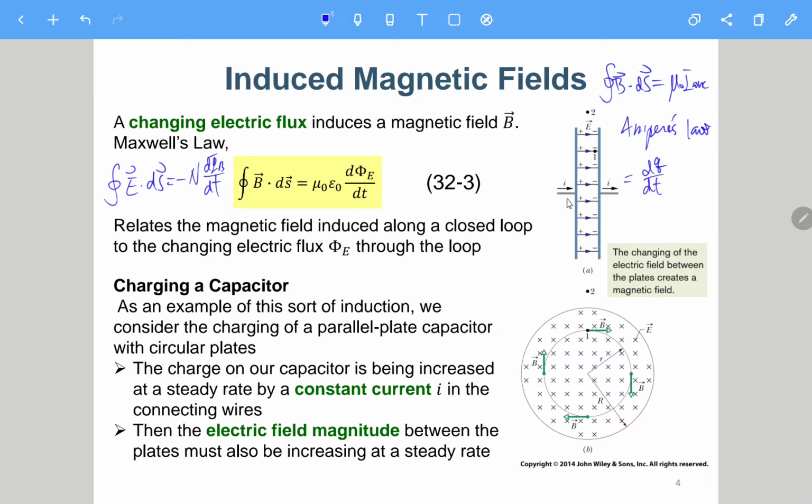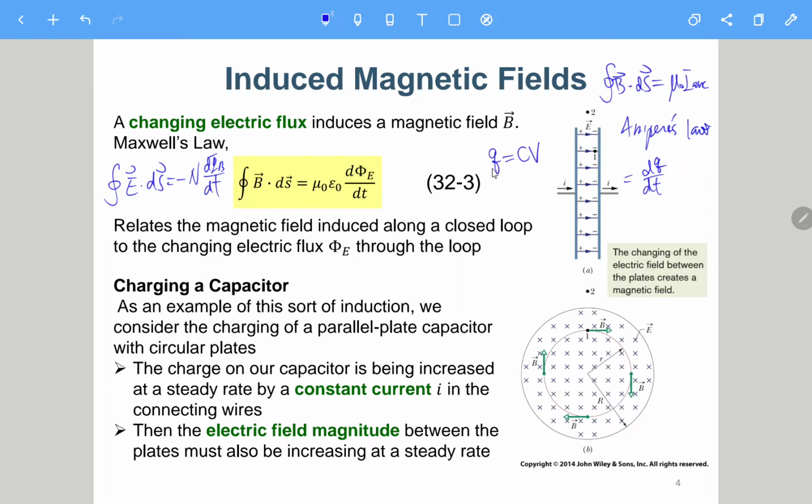Which means that if there is current going into the left plate, then there will be positive charge accumulating on the left plate, and negative charge accumulating on the right plate as well. And if you still remember, for the capacitor we have the equation Q equals CV.